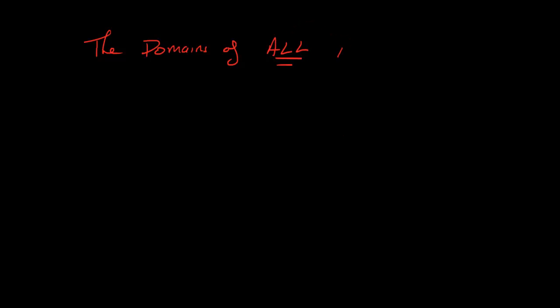The domains of all polynomials are all real numbers. So they have no breaks, no holes, and we're going to learn later, no asymptotes. And that's one of the reasons why we like working with polynomials so much, is because they have a domain that is all real numbers.